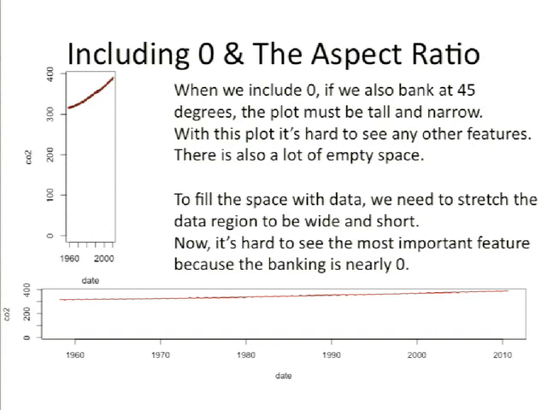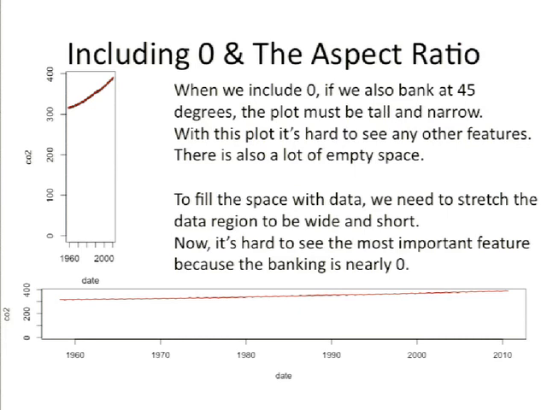It looks like, well, maybe it's slightly increasing, but you don't see the fact that it's increasing even faster as time goes on. And it's hard to even see that we've passed the threshold of 350 parts per million. So here, when we're struggling between filling the data region, including zero, and banking at 45 degrees, I would opt for the plot that I already made earlier, which banks at 45 degrees and fills the data region, and therefore does not include zero.